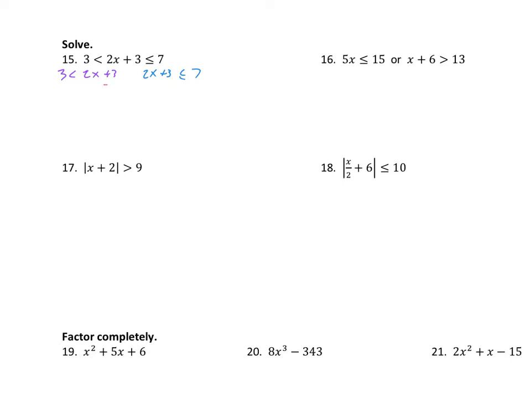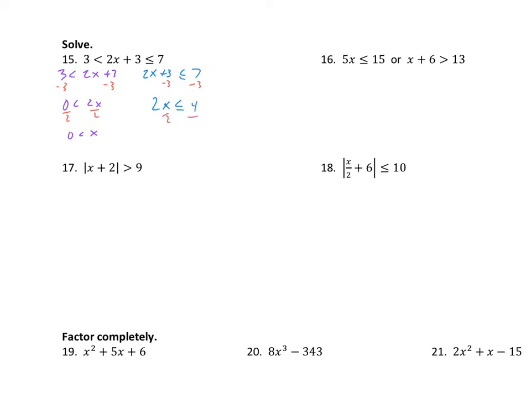Essentially like it's an equation, so subtracting 3 from both sides gives me 0 is less than 2x, and dividing both sides by 2, so 0 is less than x. And similar idea over here, so minus 3, minus 3. So 2x is less than or equal to 4.